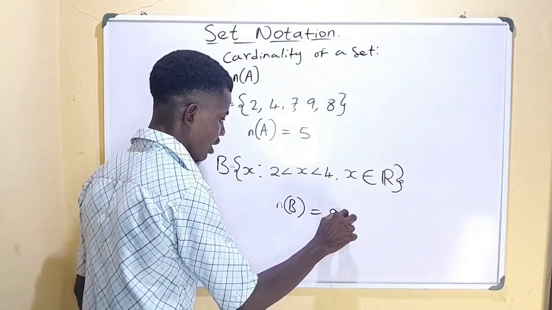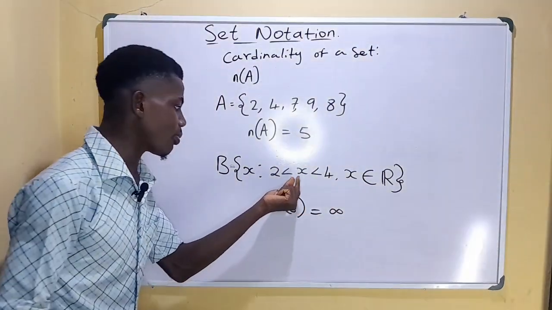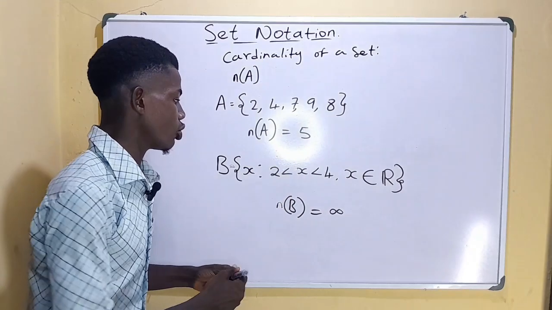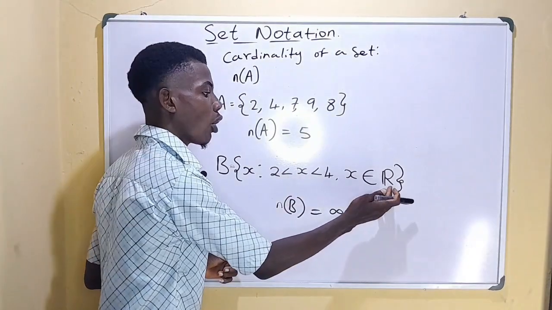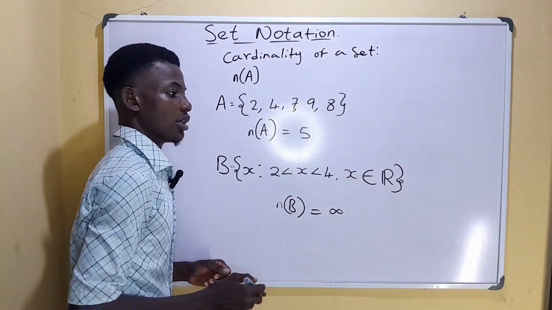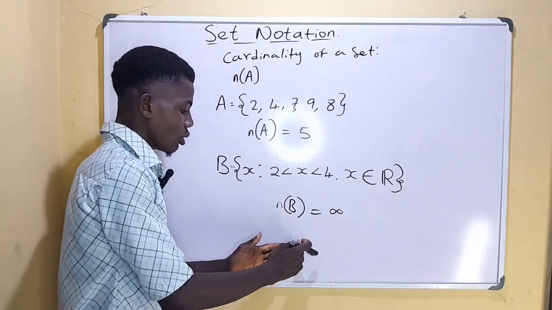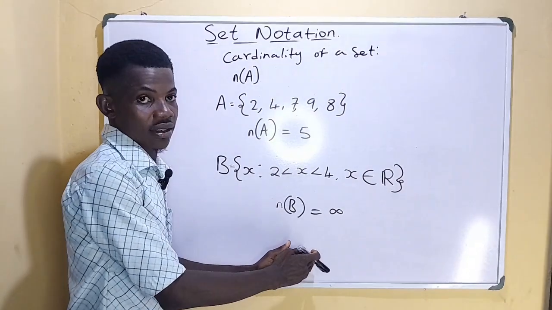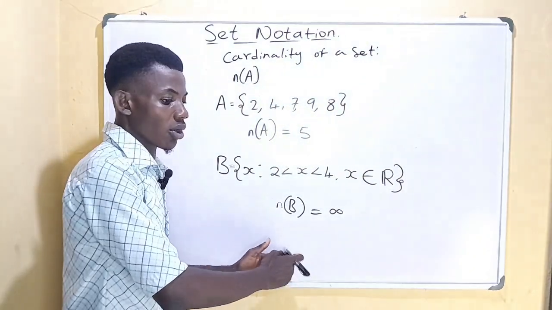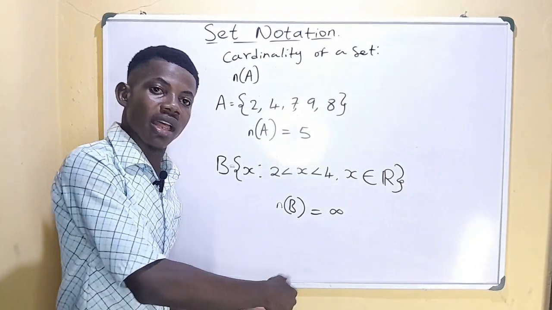here is infinity, because you cannot list the numbers between 2 and 4 under the rule of real numbers, because we have fractions. Even the range of numbers between 2 and 3 is infinite, because you have to mention all the fractions between them, and their fractions have no end.